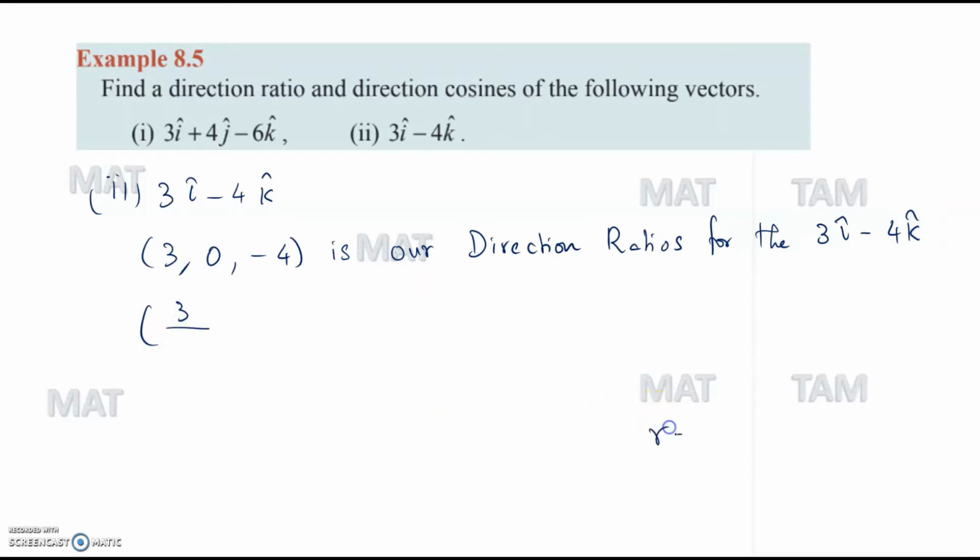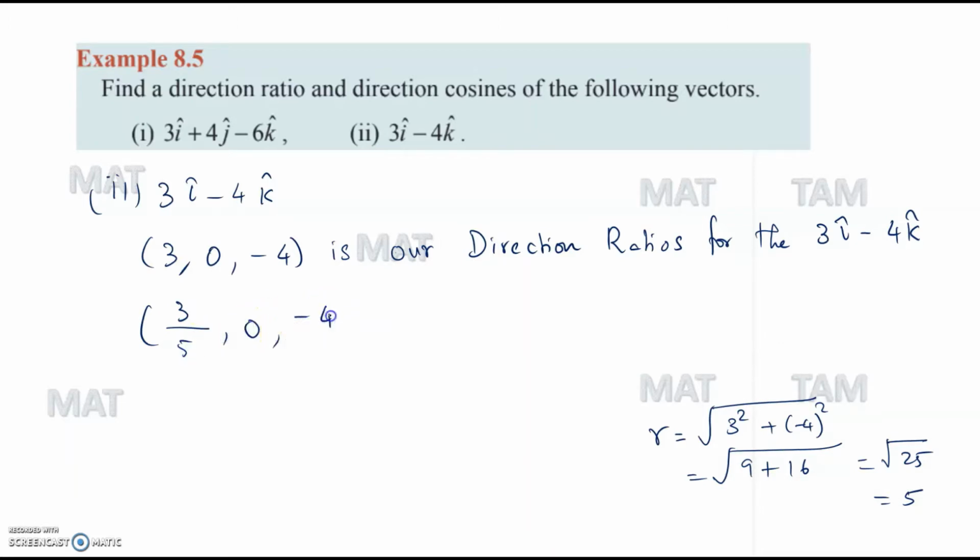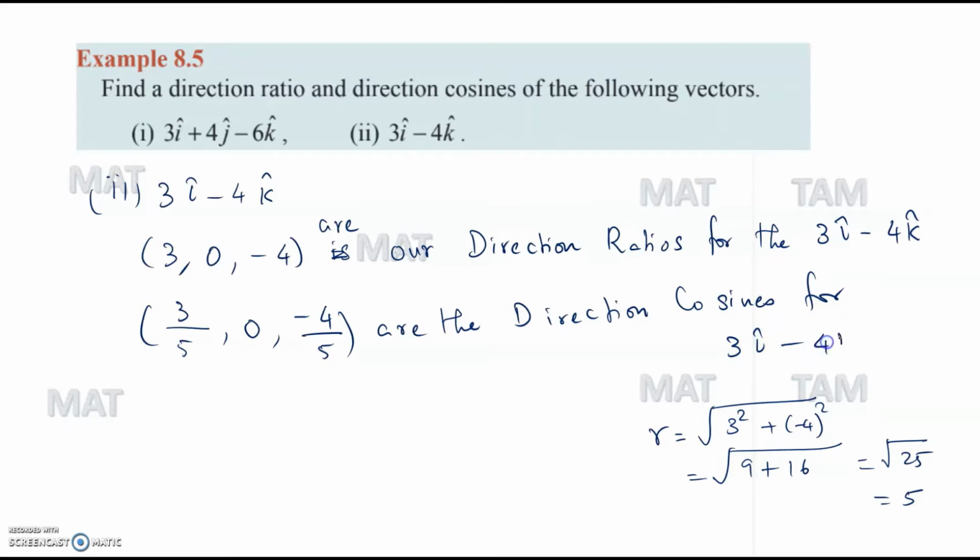R will be equal to square root of 3 squared plus minus 4 squared, which is equal to root of 9 plus 16, which is equal to root of 25. That's 5. So 3 by 5, 0, minus 4 by 5 are the direction cosines for the vector 3i cap minus 4k cap.